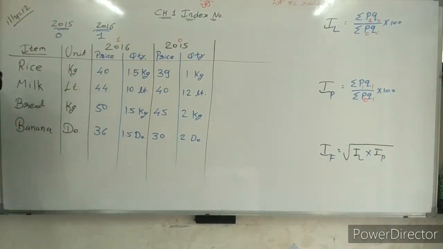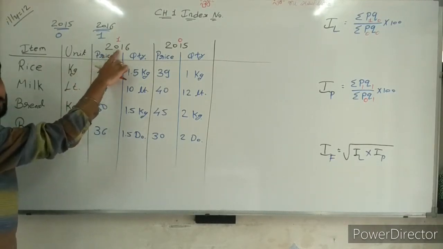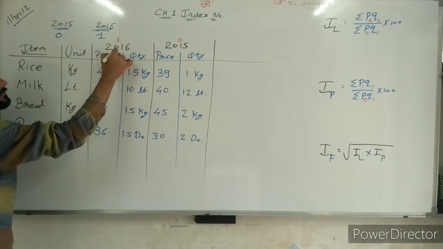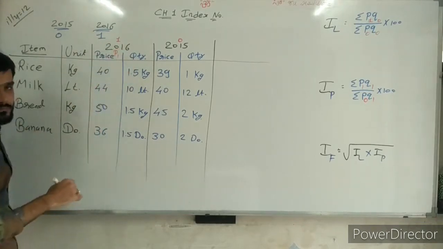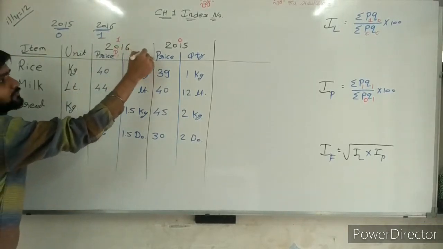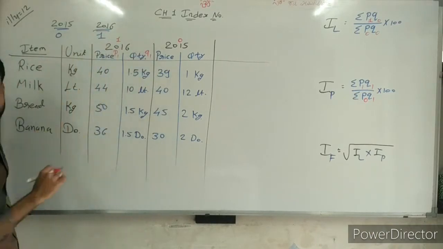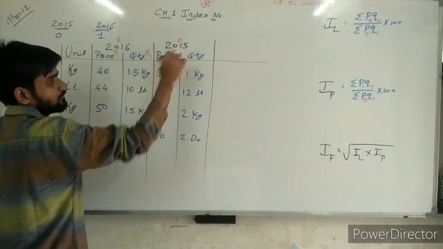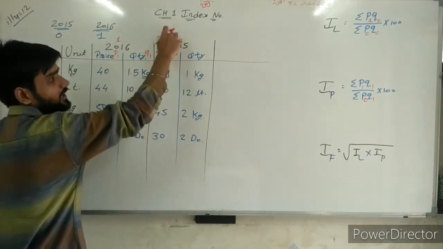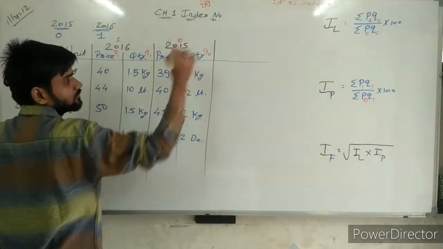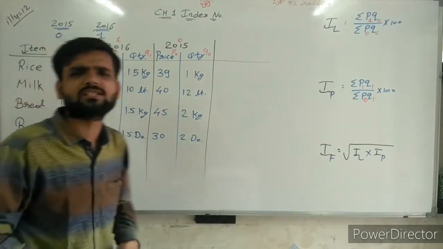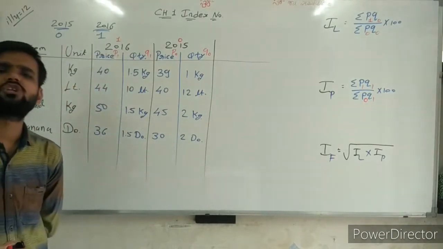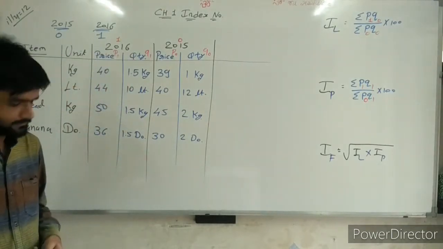For 16, I need to find the index number. Now the price of 2016, so price 1. Quantity means Q, Q1. Same way price 0, P0, quantity 0, because that is the base year information. So that you need to understand very well.